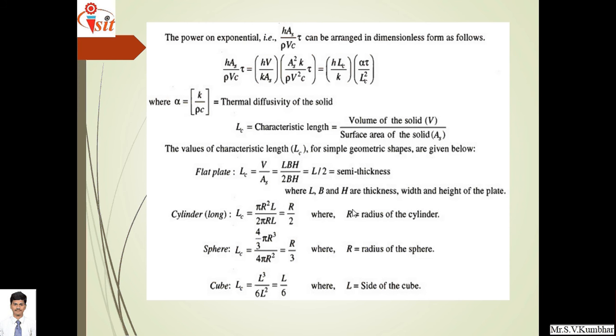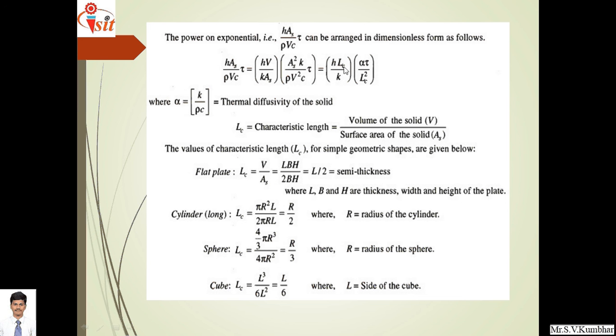So the power of the exponential, hAs/(rho V c) tau, can be arranged in dimensionless form. This is the general equation that we studied in lumped system analysis: exponential of minus hAs upon rho V c tau. This can be rearranged as hV/(k As) into (As² k/(rho V² c)) tau.